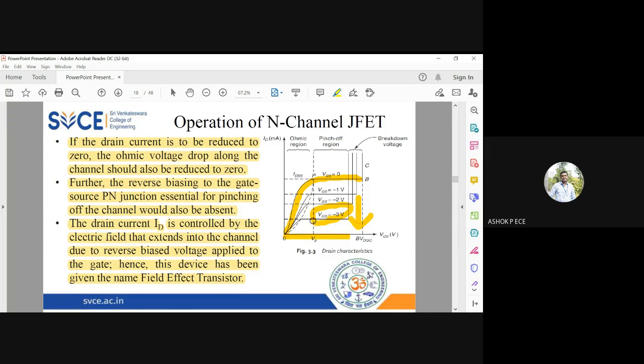When I do that, it reverse biases my PN junction diode, the depletion regions increase in size and touch each other. When the depletion regions touch each other, there is no way for the majority carriers to flow from source to drain. It blocks your way, which means the drain current is going to be 0.